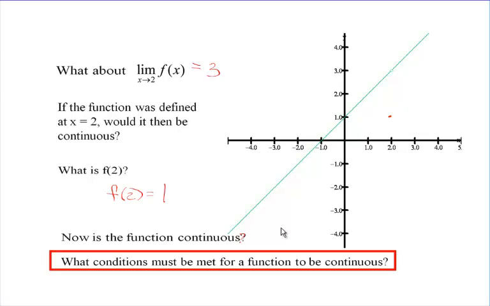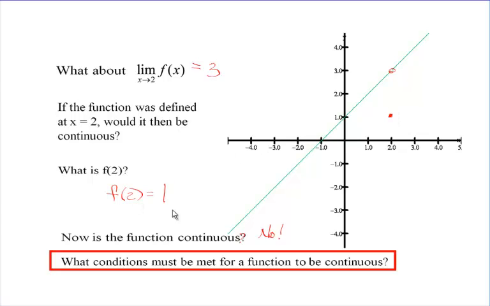Can I put my pencil on the paper and not lift it off of the paper and draw every single plot on this graph? And the answer is no, I can't. I would still have to lift up my pencil here and drop down to an output of y equals 1 in order to plot that point on this graph.